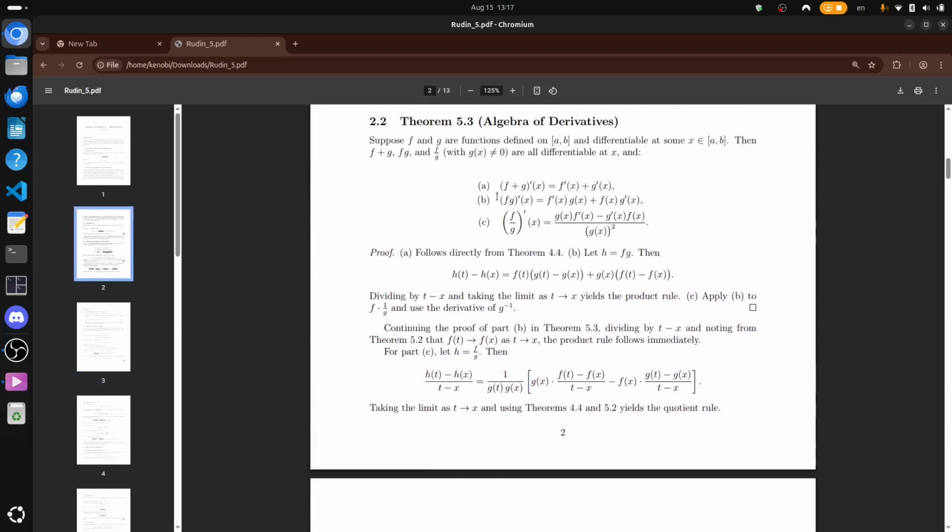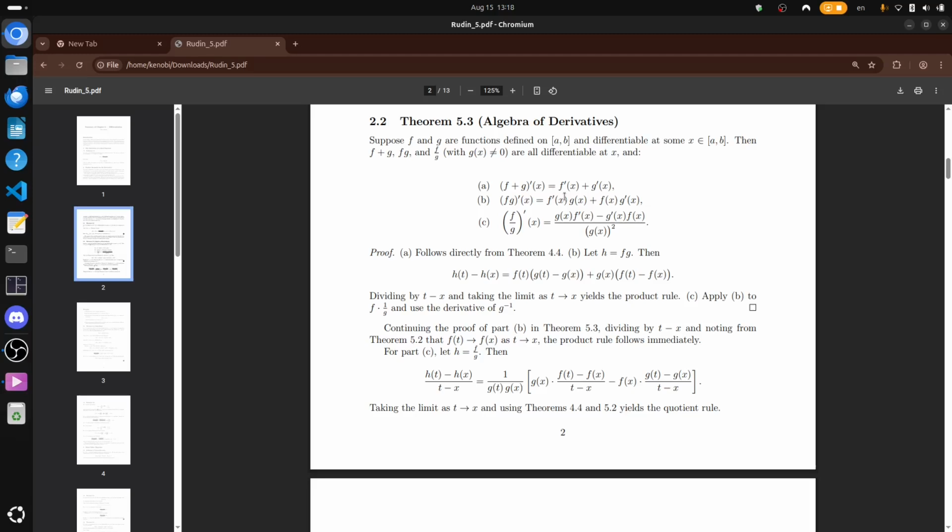The derivative of 1 times 1 is going to be the derivative of 1 times 1 plus 1 times the derivative of 1. So the derivative of 1 is equal to 2 times the derivative of 1, right? And since that's only possible if the derivative of 1 is 0, that means the derivative of 1 is 0. And since you can multiply it by any other constant, the derivatives of other constants are also 0.